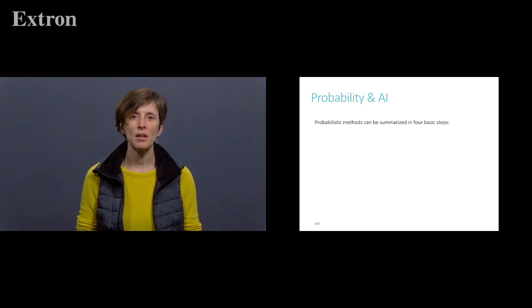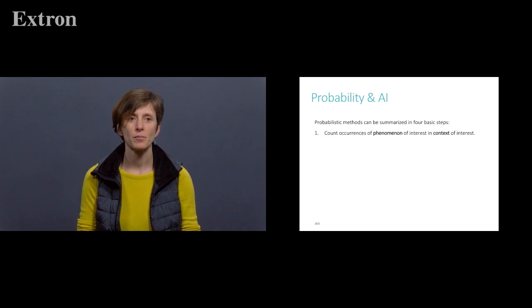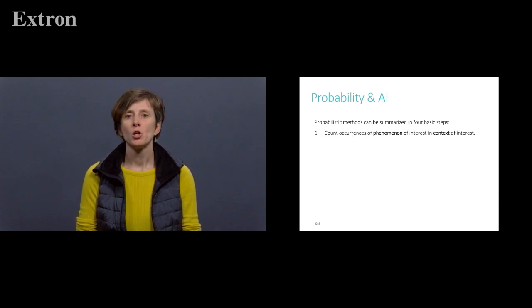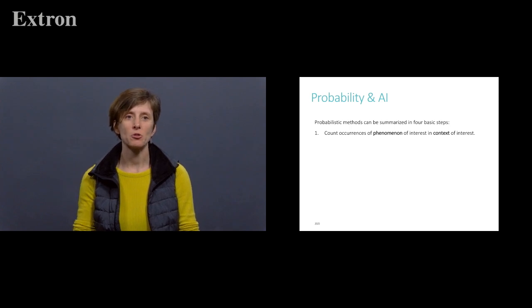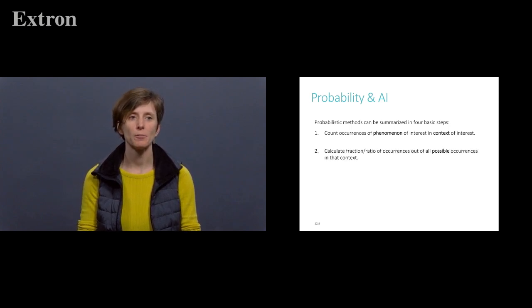So probabilistic methods, particularly those used in AI, no matter how complex it gets, can be summarized in 4 very basic steps. First of all, you take some data and you count the occurrences of the phenomenon you're interested in, in the context that you're interested in. And we'll look at examples in just a second.